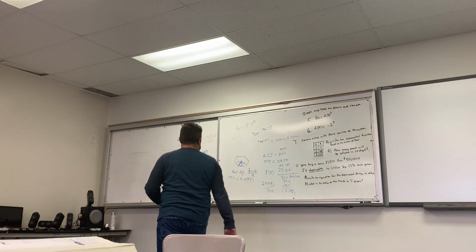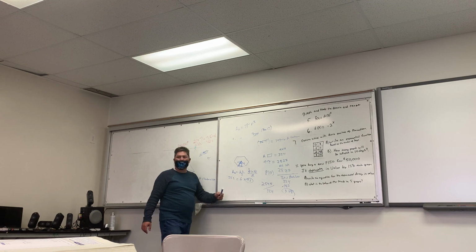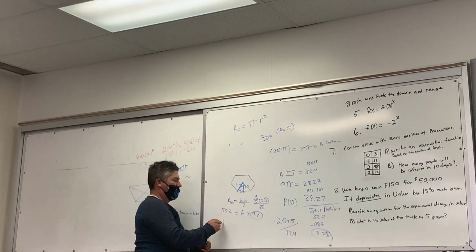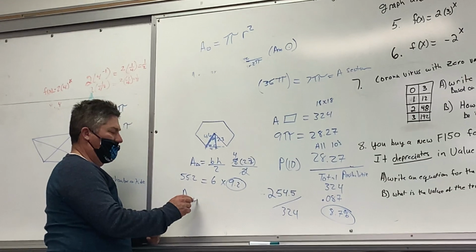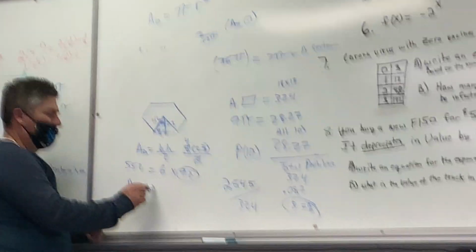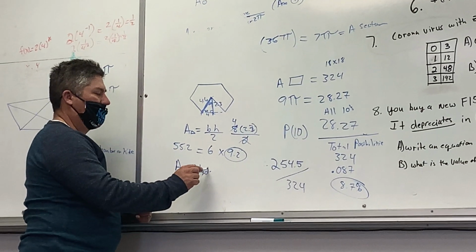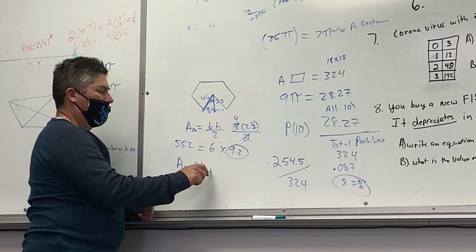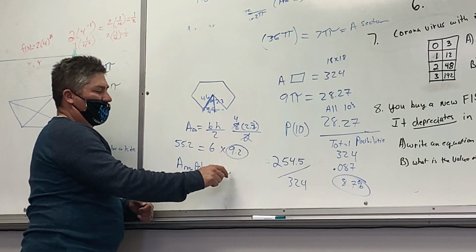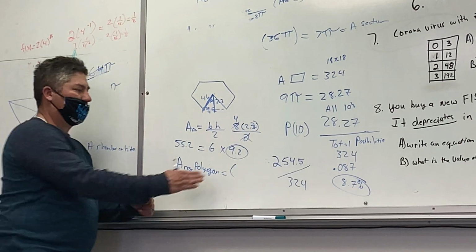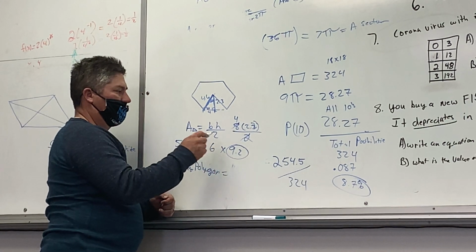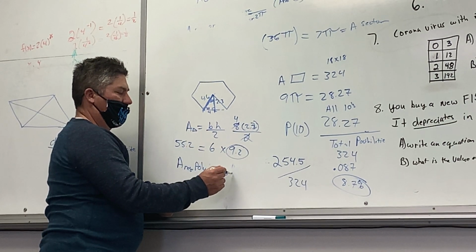I just figured out a formula. Did you? The area of a regular polygon. What's the formula for that? Area of the triangle times number of sides.